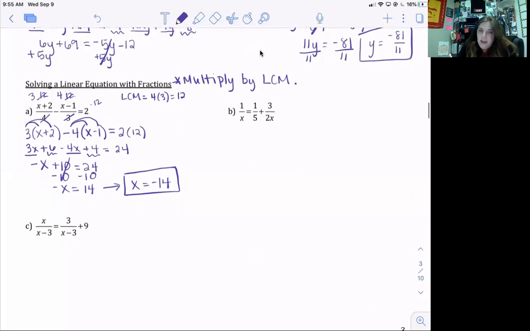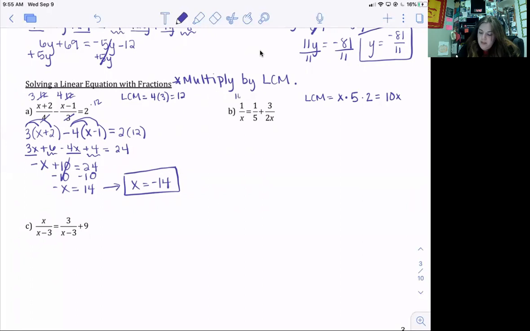So see how we have x on 2 of our denominators? We're not going to repeat that. So here, our least common multiple, we have x times 5. And then we're only going to multiply by 2 because we don't need to repeat the x again. So our least common multiple is 10x.